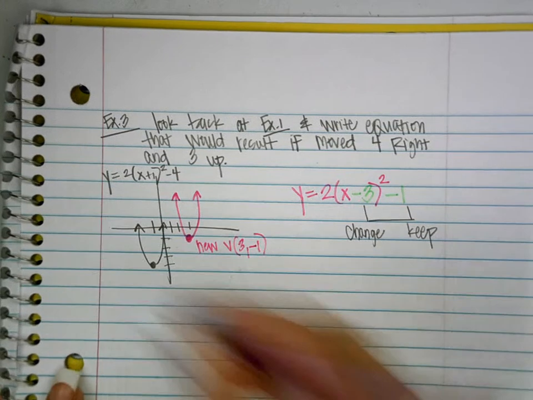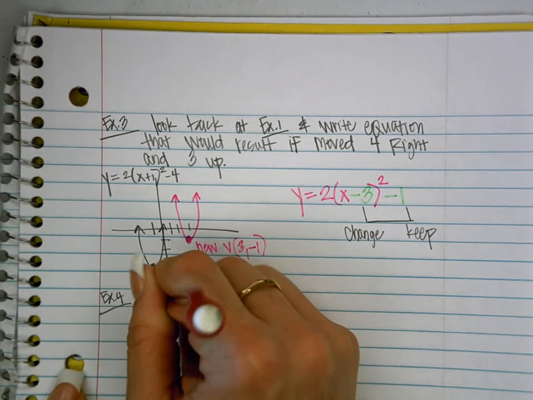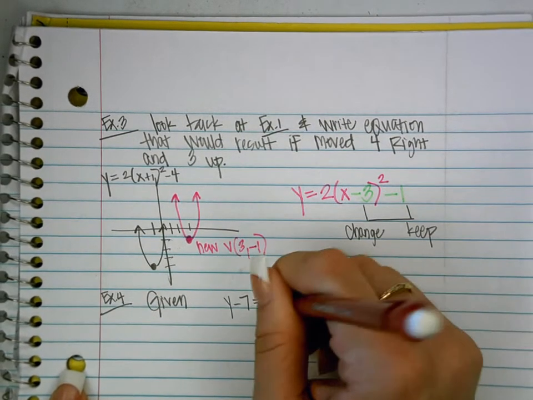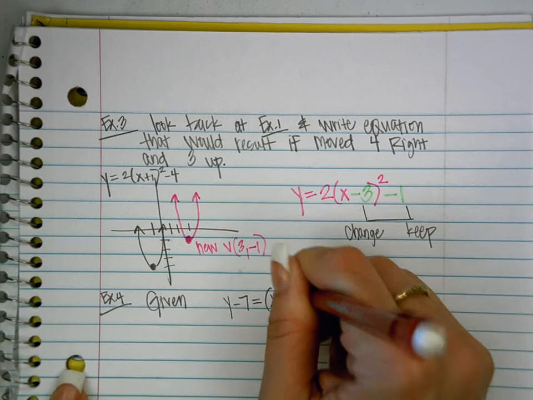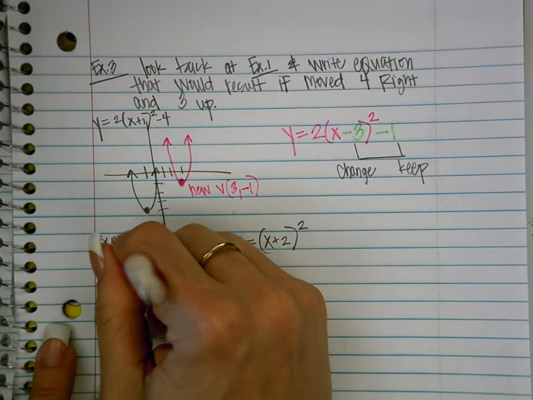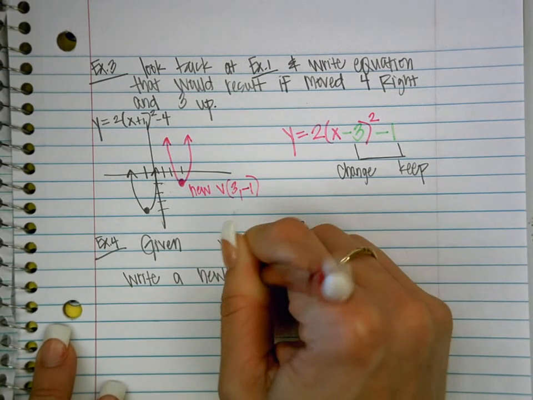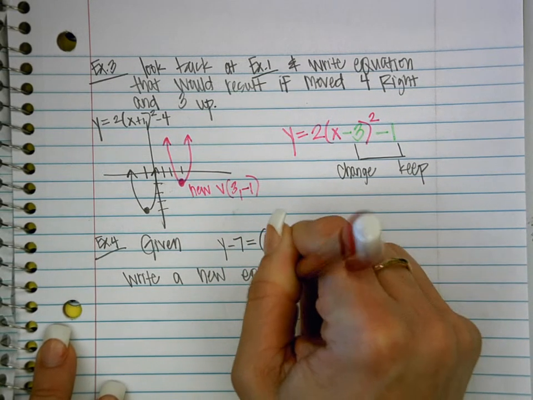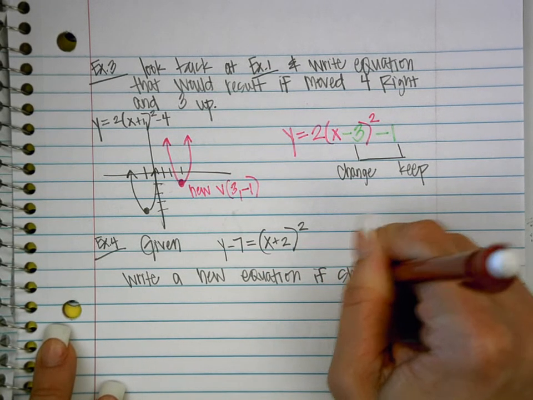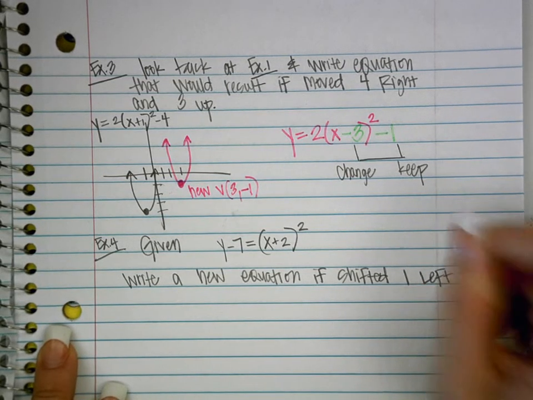Okay, last one for number 4. If you are given the equation y minus 7 equals x plus 2 quantity squared, I would like you to write the new equation if shifted 1 left and down 2.